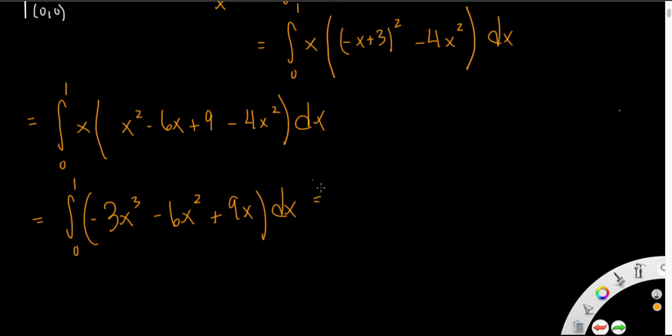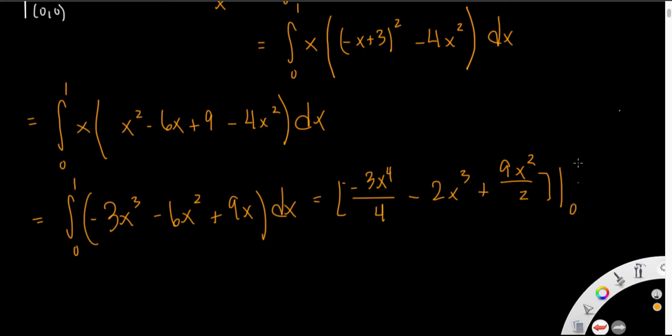Antiderivative of negative 3x cubed is negative 3x to the fourth over 4, minus 6x squared becomes 6x cubed over 3, or 2x cubed, plus 9x squared over 2.